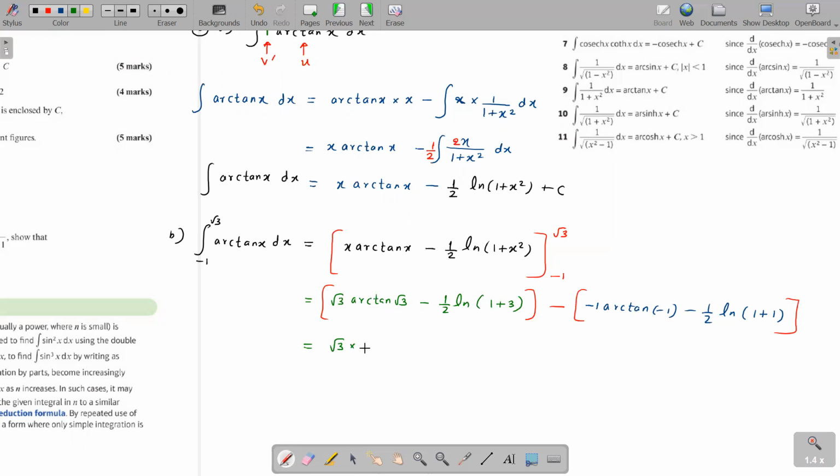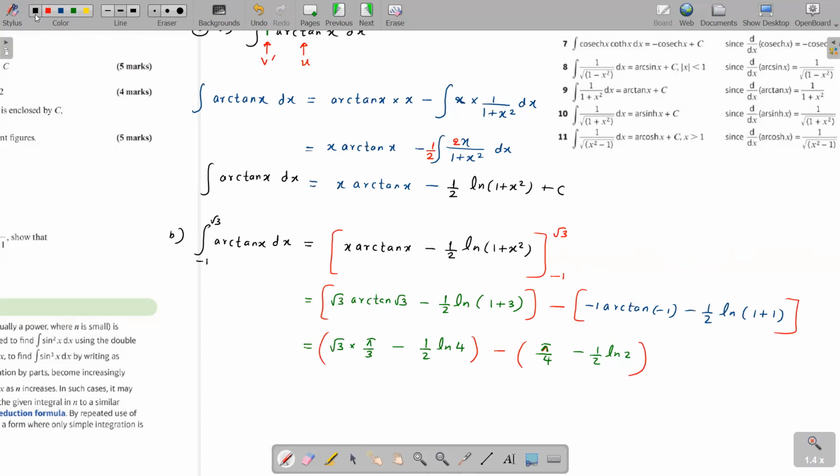Pi over 3, right? Minus half ln 3 plus 1 is 4. Minus arctan -1. Minus pi over 4. So minus arctan -1 is plus pi over 4, right? Minus half ln 2. Is that okay?